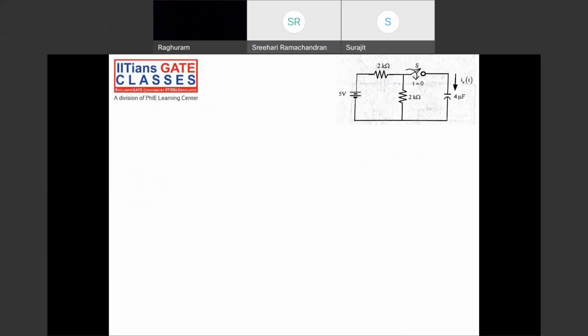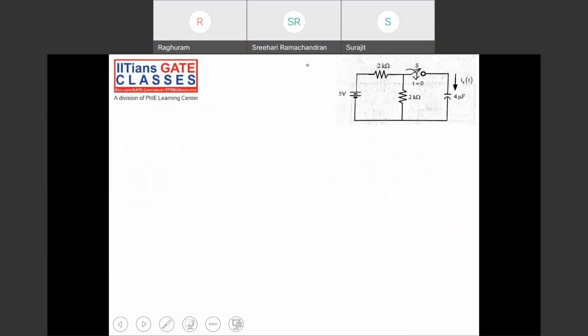See, one thing: we have drawn the graphs for source-free RL and RC circuits. I just want to draw this for the RC and RL circuits with a source, the step response. What is V of t? V of infinity plus V of 0 minus V of infinity, e power minus t by tau. So how will it look?